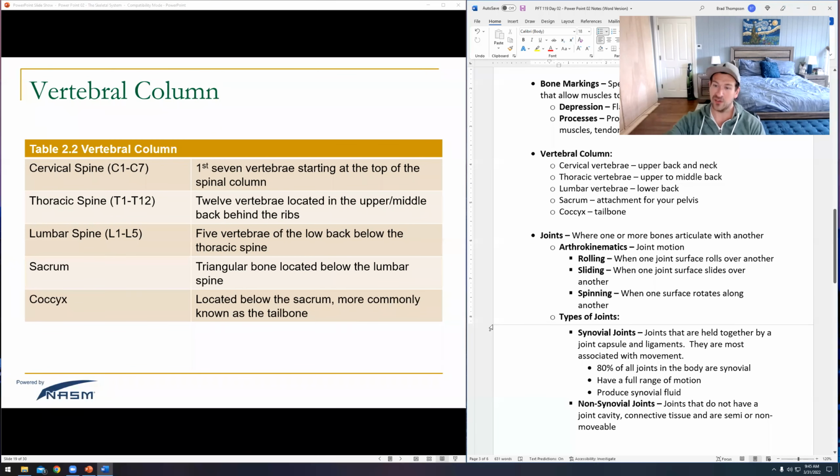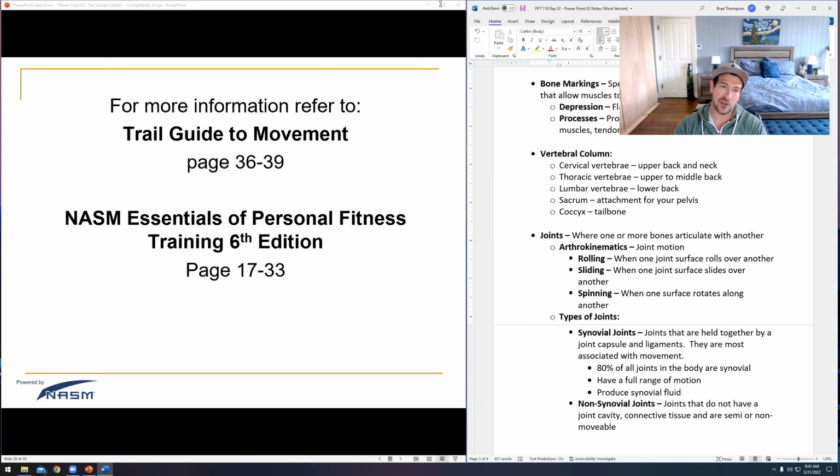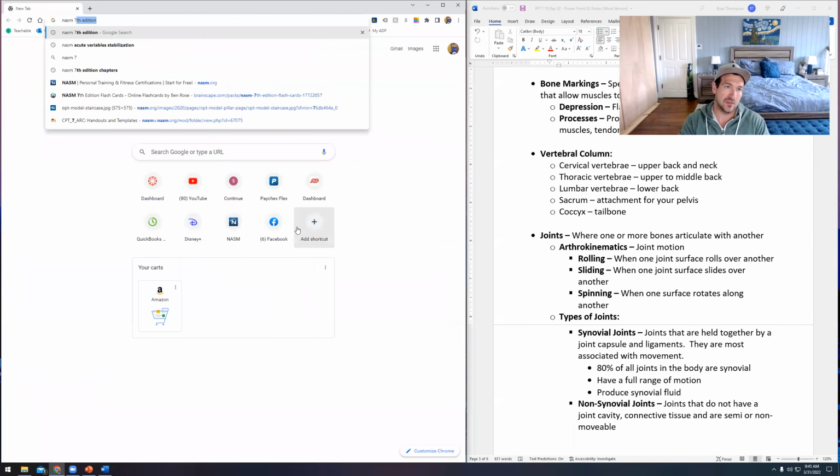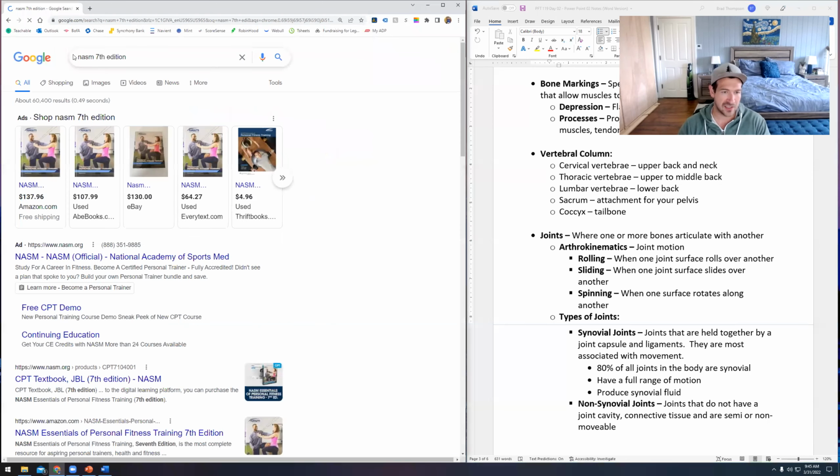So for more information on the bone stuff, you can find that in Trail Guide to Movement pages 36 through 39, or in the Skeletal System section of your NASM textbook, which used to be chapter 2.